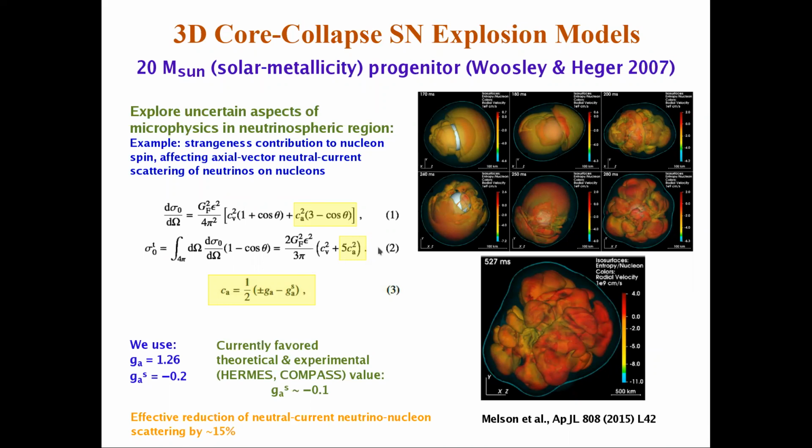This was criticized later on, because we used this factor here, this correction factor GAS for the spin correction. We used a number which was a bit larger than what was compatible with the experiments. We used -0.2, while the experiments at that time said the favorable number is about around -0.1, but the error bars were in the maximum at -0.2.